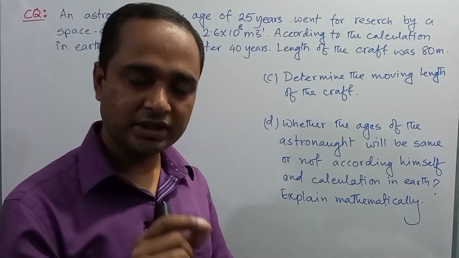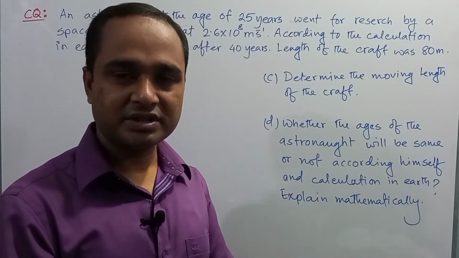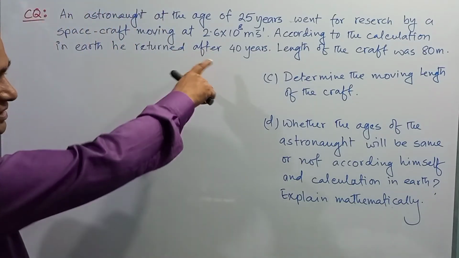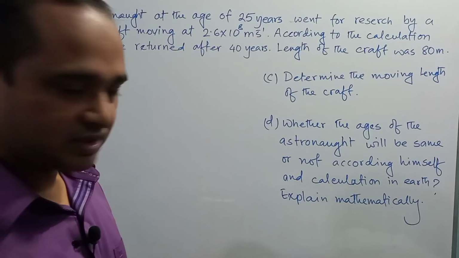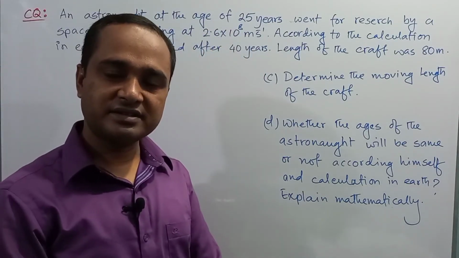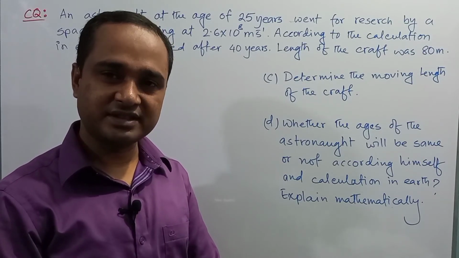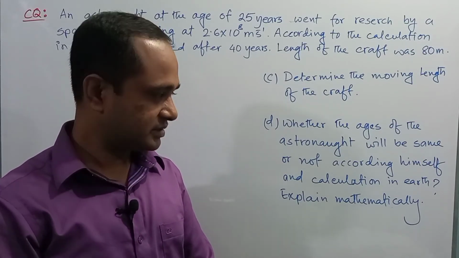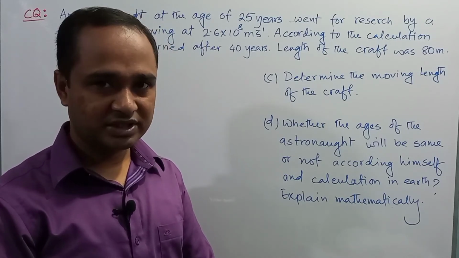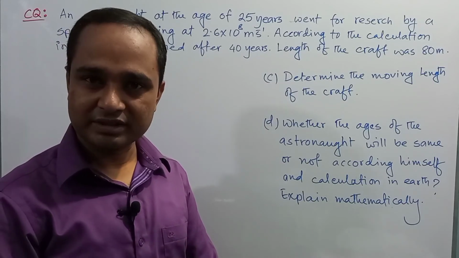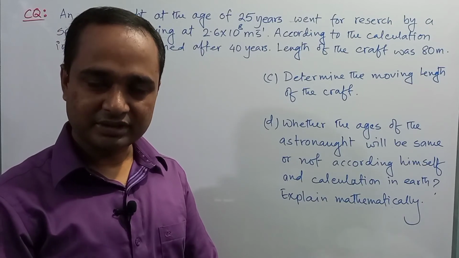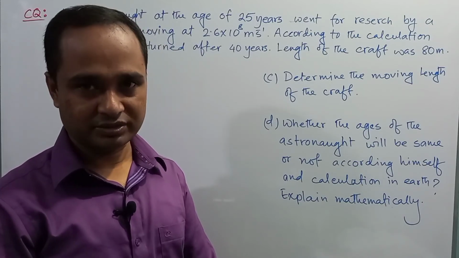That will be the actual age increase of the astronaut during the research work, and that will be 40 years according to the Earth calculation. Then we can compare whether the age will be equal or not, right?